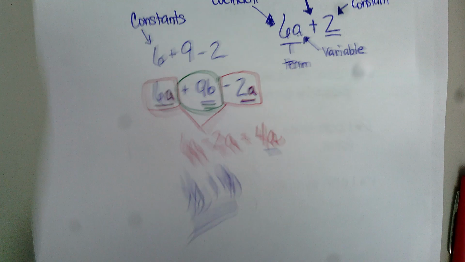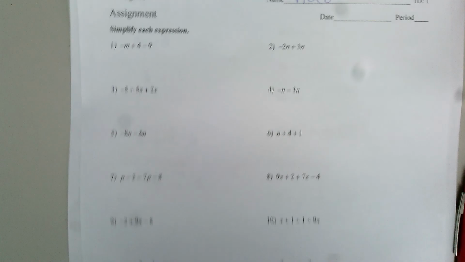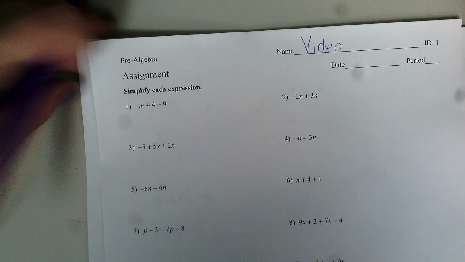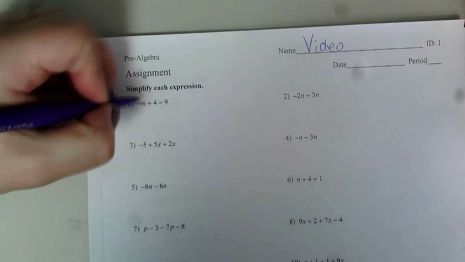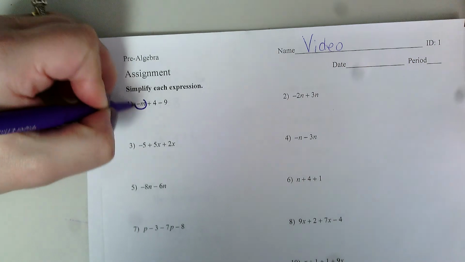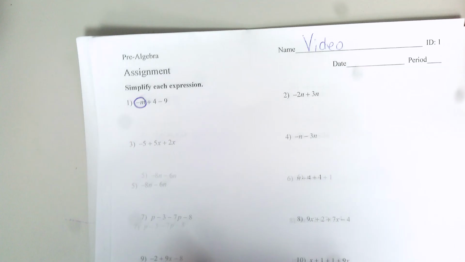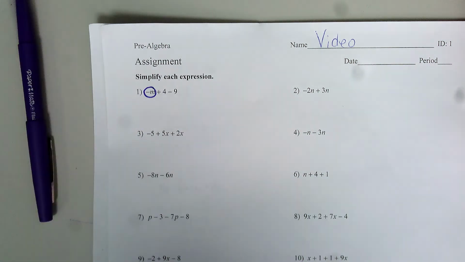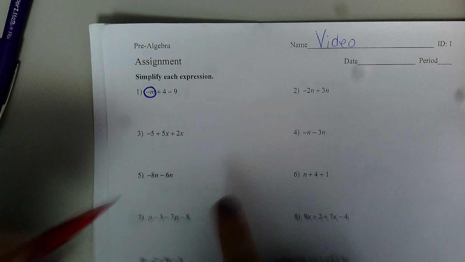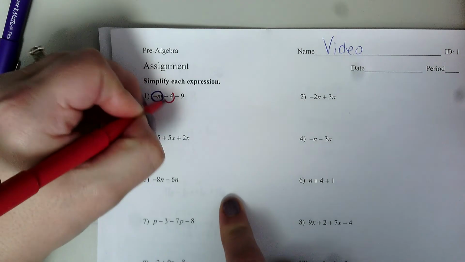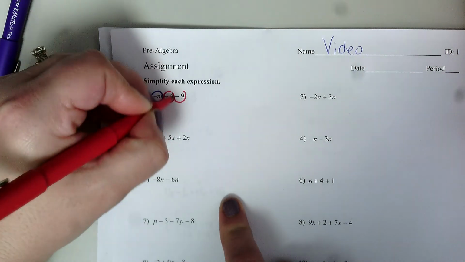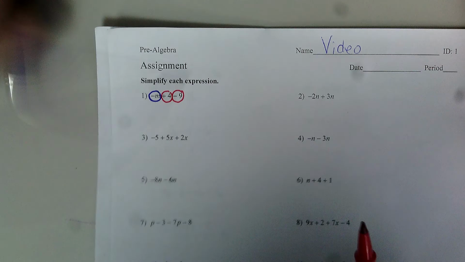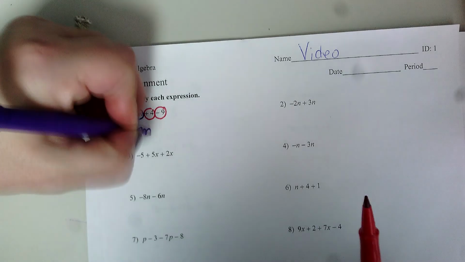Okay, so I go to number 1 on this paper. I'm going to actually circle my M because I have a negative, and that's like -1M. And then I look and I say, well, I have a +4 and a -9, so I don't have anything to match the M. So I'm just going to write -M down, -M.